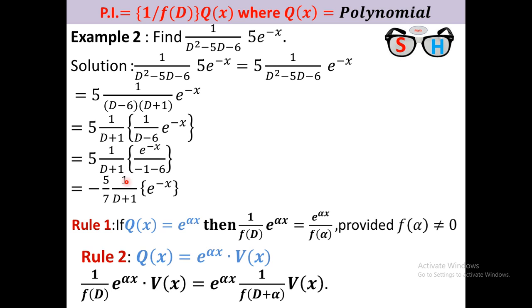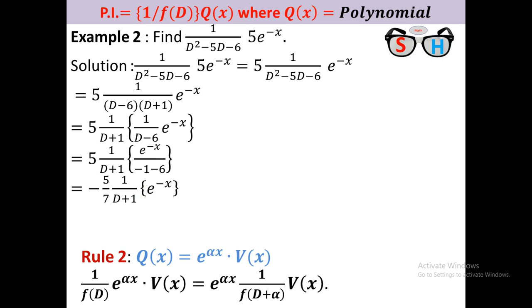Now you have to use rule 2. Here you see that this is an exponential function and you take v(x) as 1, as in the previous problem. So you take out e to the minus x on the left hand side of the operator, and there remains 1, and you replace D by D plus alpha.